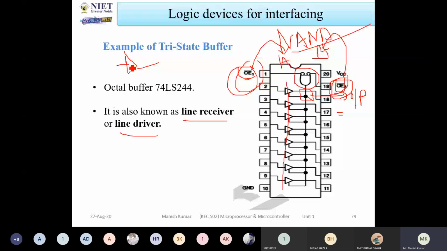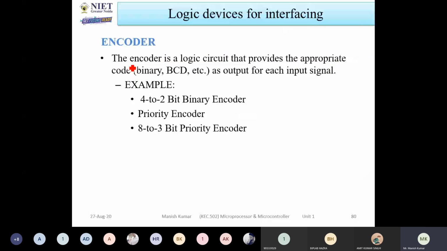Now the next is called encoder. So encoder is a logic circuit that provides the appropriate code as output for each input signal. In the case of an encoder, the output is either binary or BCD.